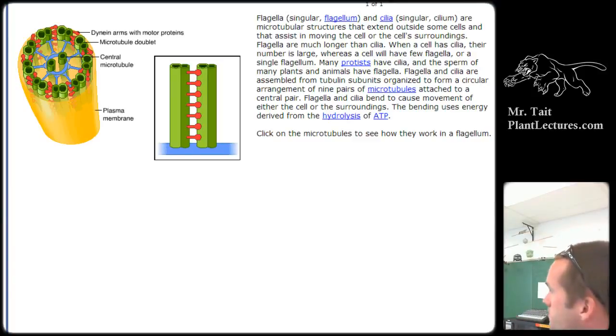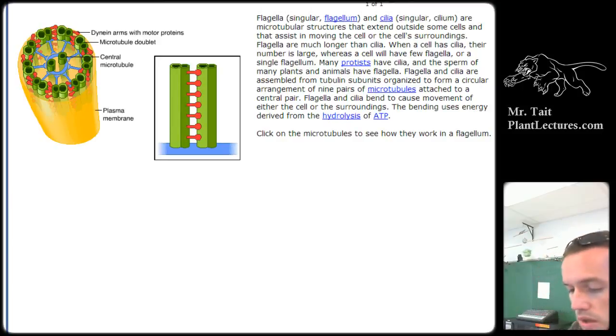Flagella and cilia are assembled from tubulin subunits organized to form a circular arrangement of 9 pairs of microtubules attached to a central pair. Flagella and cilia bend to cause movement of either the cell or the surroundings. The bending uses energy derived from the hydrolysis of ATP. Click on the microtubules to see how they work in a flagellum.